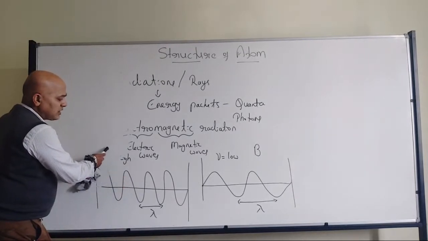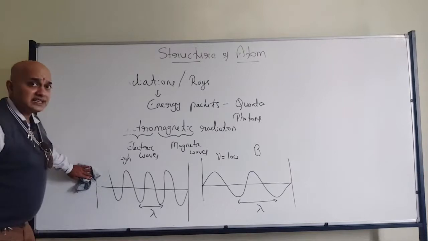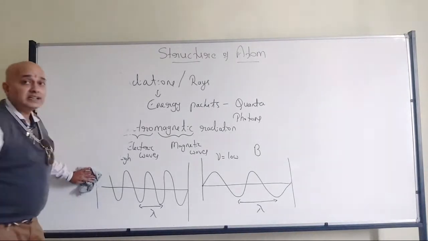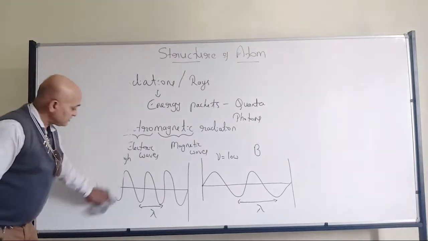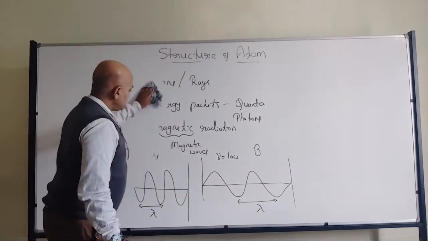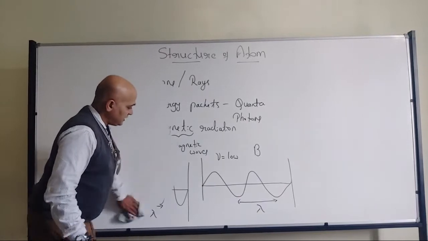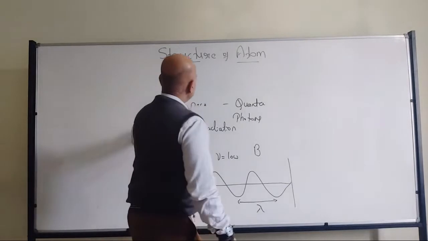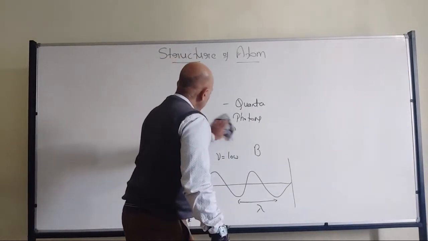I told you in the case of A, since frequency is high, energy is also high. But what is happening to the wavelength? It is becoming less. So since energy and frequency are directly related, naturally energy and wavelength should be inversely related.